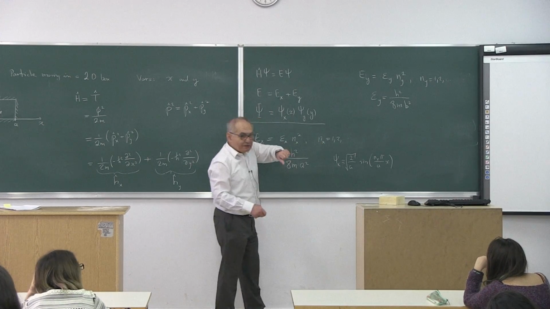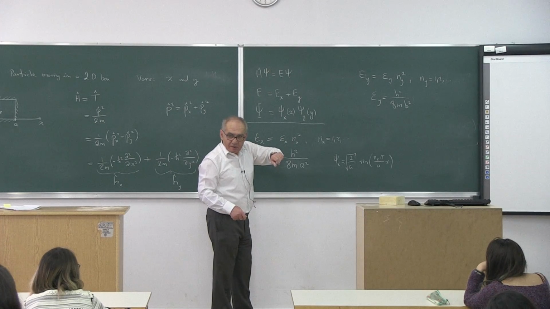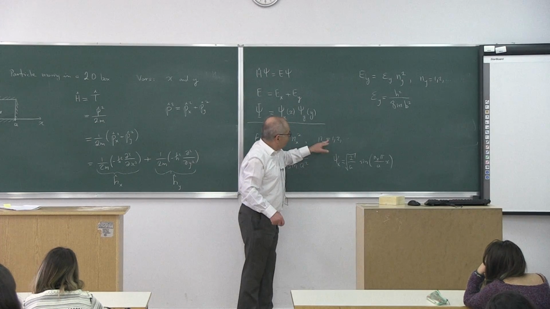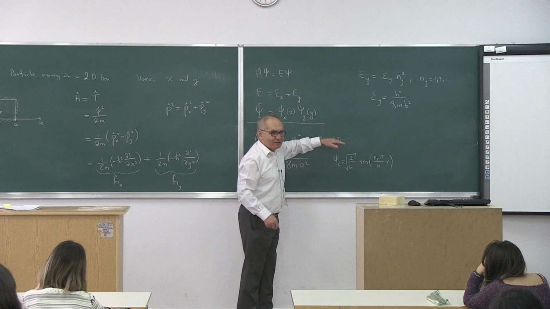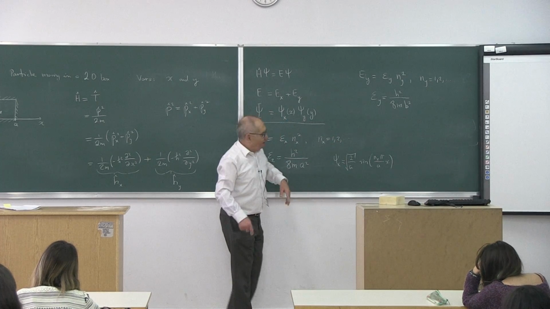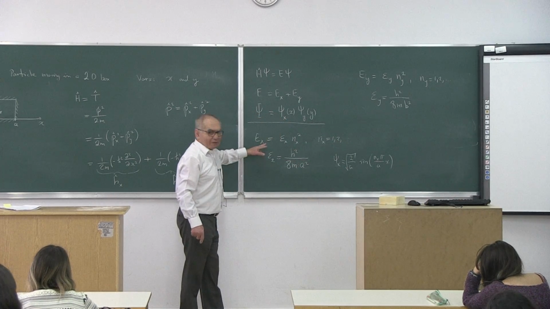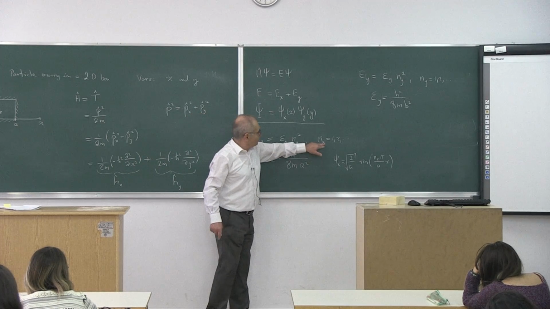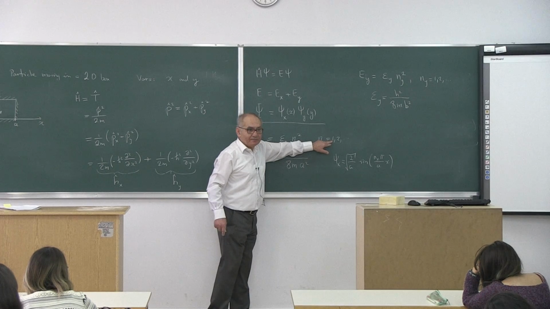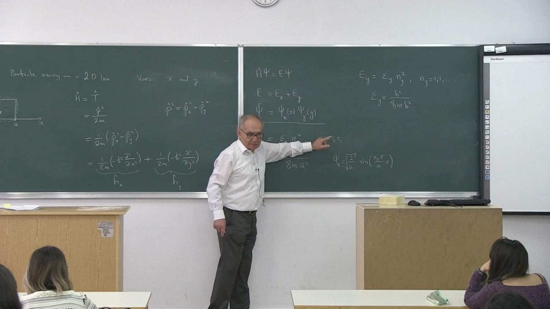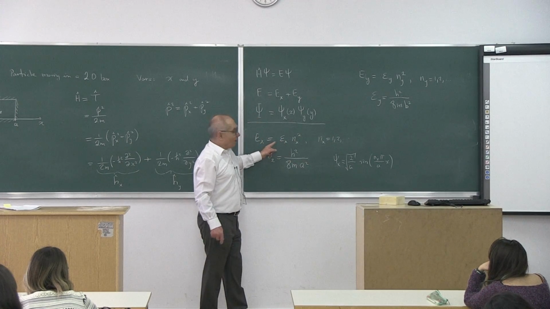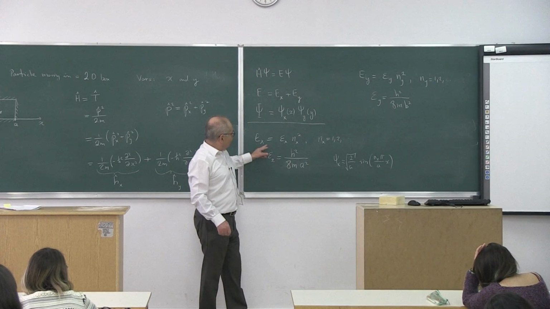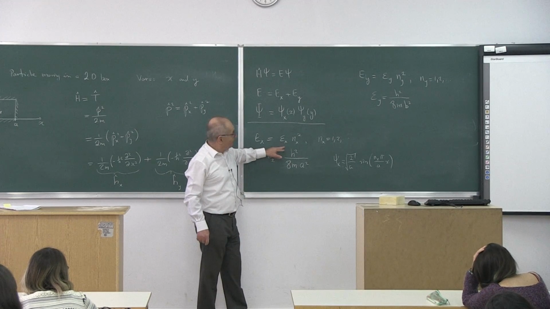The corresponding state function is this expression with the same value of the selected nx. For example, what is the ground state of the X particle? The ground energy level is the lowest energy. For nx, you will select n sub x to be 1. Then the lowest energy for the X particle will be E sub x.